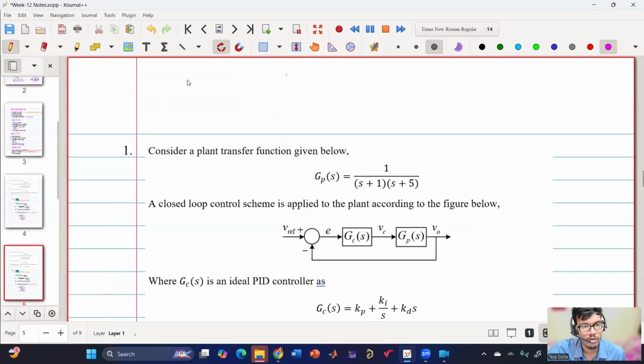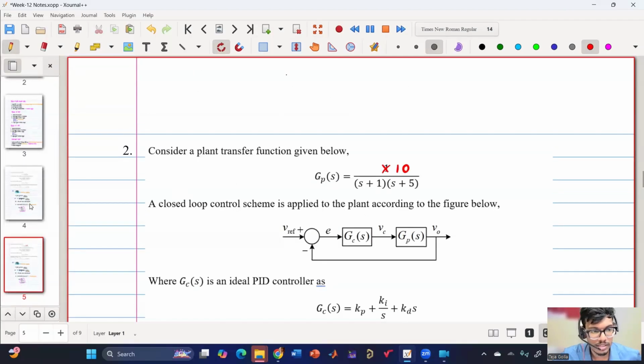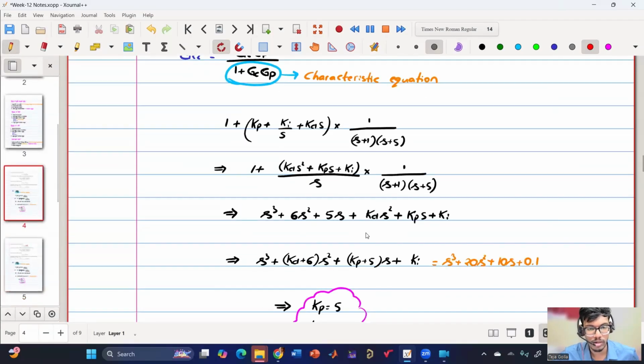In the meantime, I'll give another problem for others. The entire thing remains the same as for the same problem. Let us see, instead of 1, if we make it 10. So if we increase the plant DC gain by 10, we want to see how the controller gains are changing. Others, please try this. In the meantime, I'll wait for Sonali. I'm just showing the screen, and then we'll see how the DC gain affects the controller PID gains.